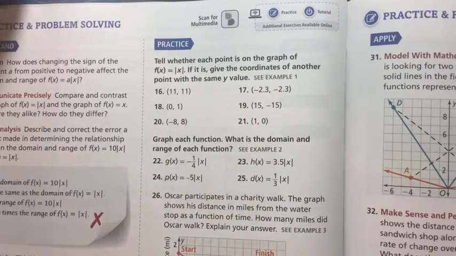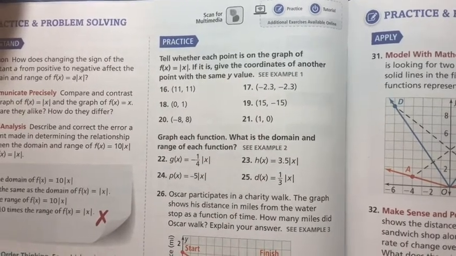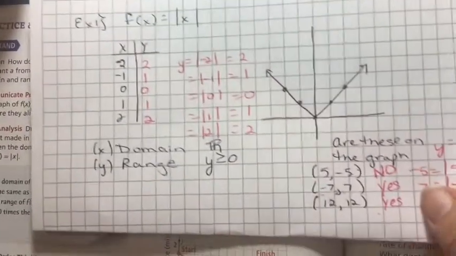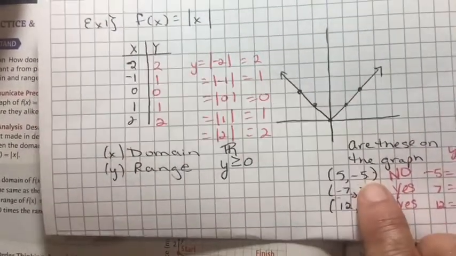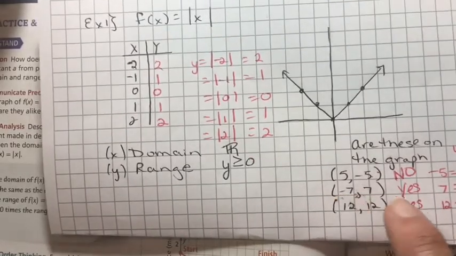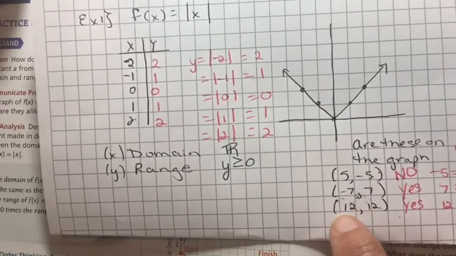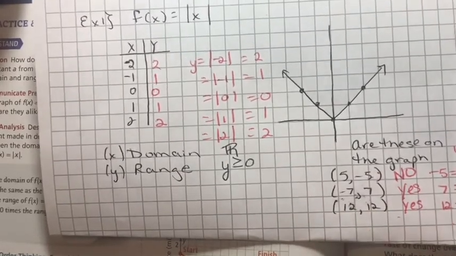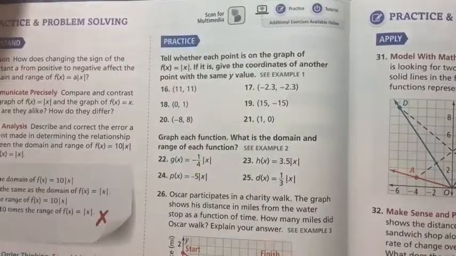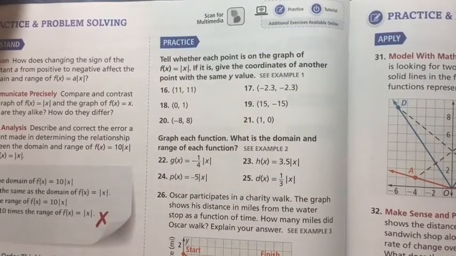So if we go back to the notes, remember up at the top on example 1, we did the yes, no here. Another point that's going to give the same answer of 7 would be a +7. Another answer that would give you the same answer of 12 would be a negative 12. That's all it's asking. And then you've got 4 graphs, and also state their domains and their range.